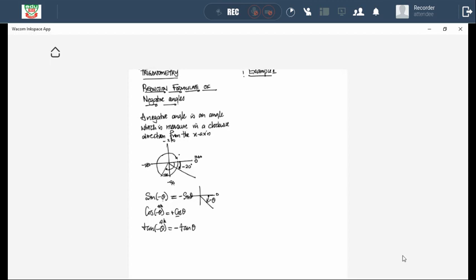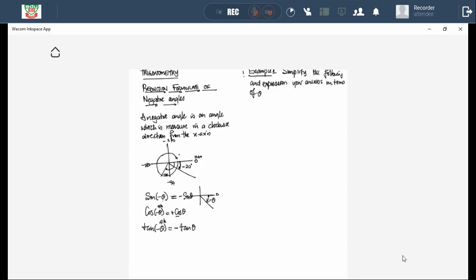Number 1: simplify the following and express your answers in terms of theta.